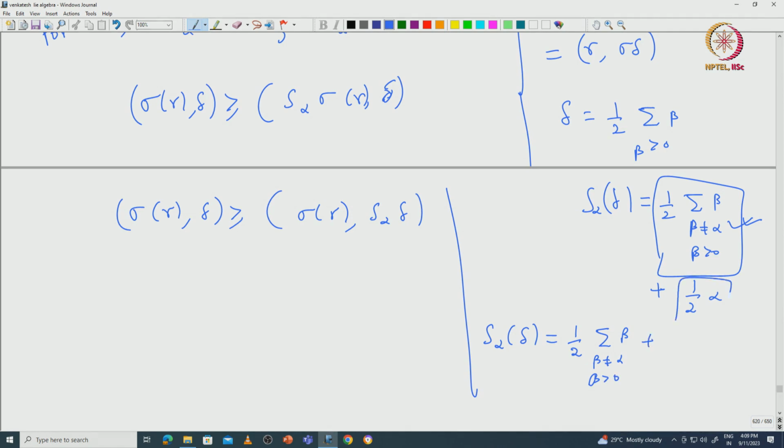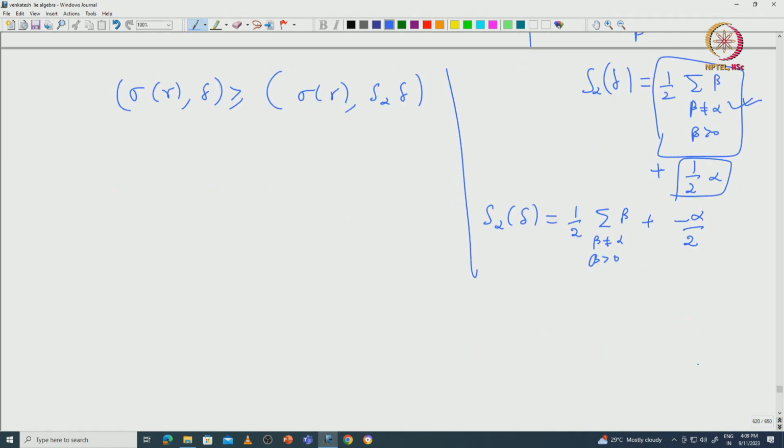But what happens to this? This is going to be minus alpha by 2. So, this is going to be minus alpha by 2. So, then now you can add 1 alpha by 2 and then subtract 1 alpha by 2. So, then you can see that this plus this going to give us delta and then delta minus alpha. So, that means S alpha of delta is exactly delta minus alpha.